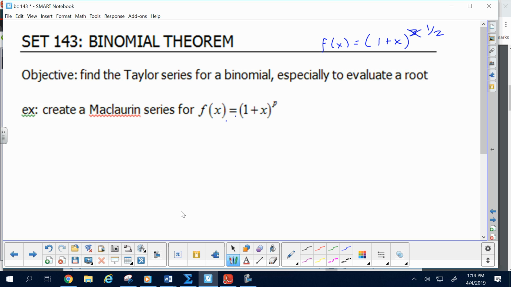All right, now rather than do it concretely for the 1/2, let's just do this generically so we don't have to do each one differently. We're going to make a general rule for what you do when you have 1 plus x, a binomial, 2 terms, to a power p. You with me? All right then.